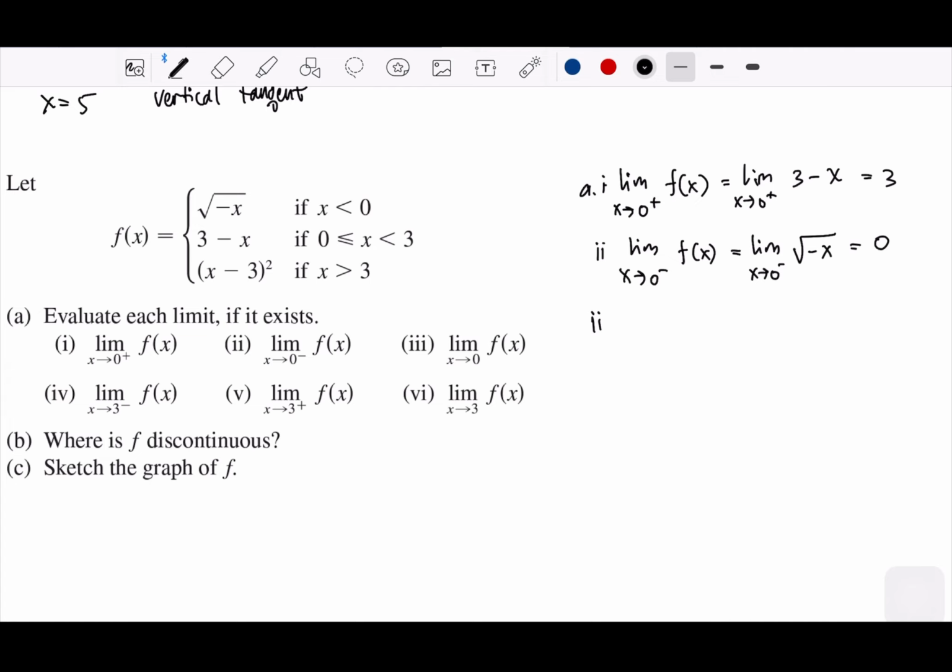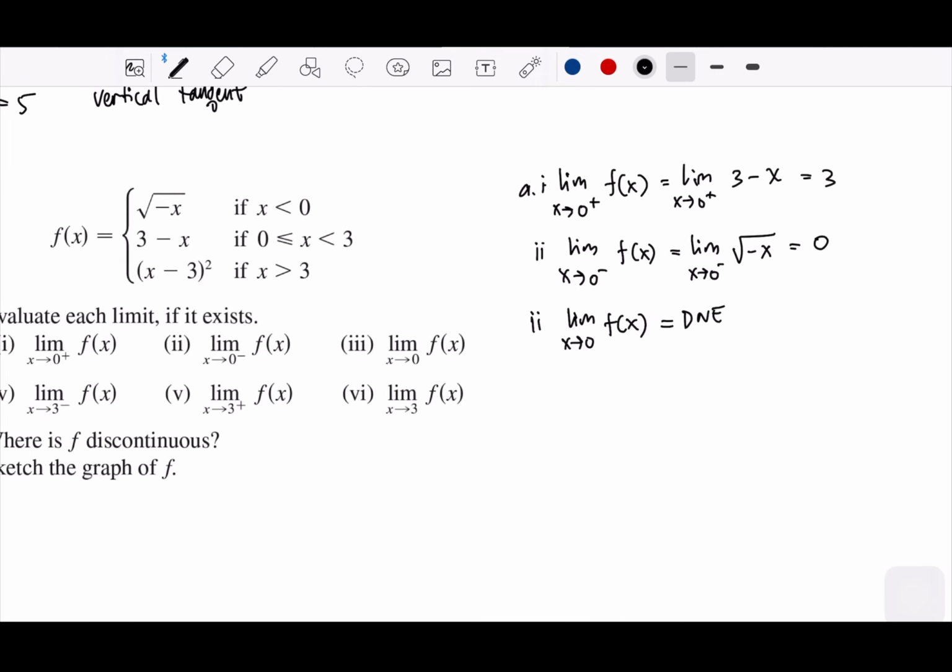So we don't have the limit. It doesn't exist, because these are not equal.